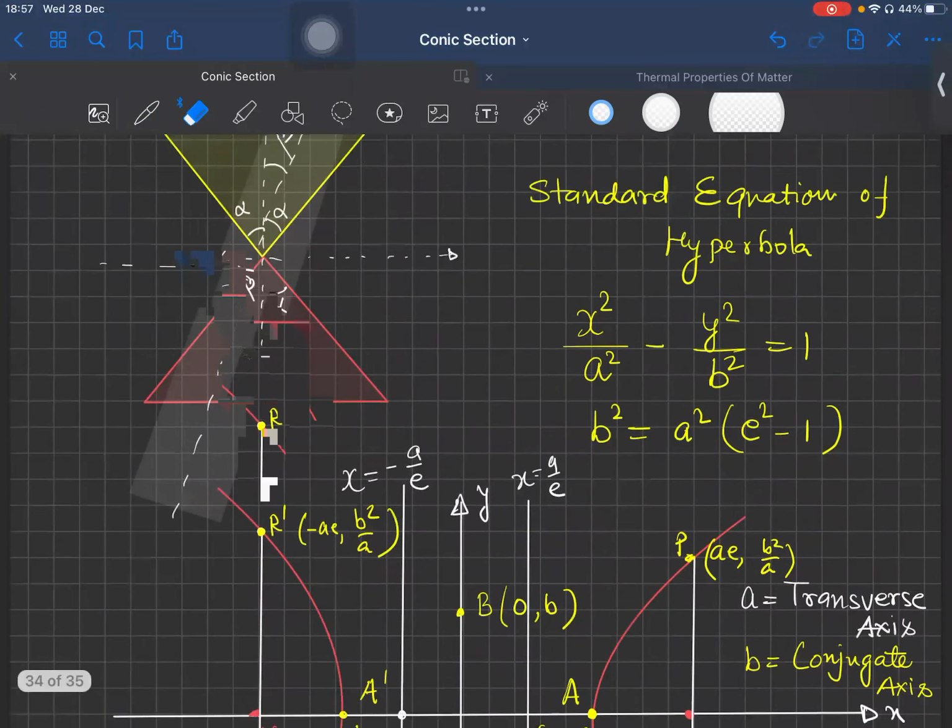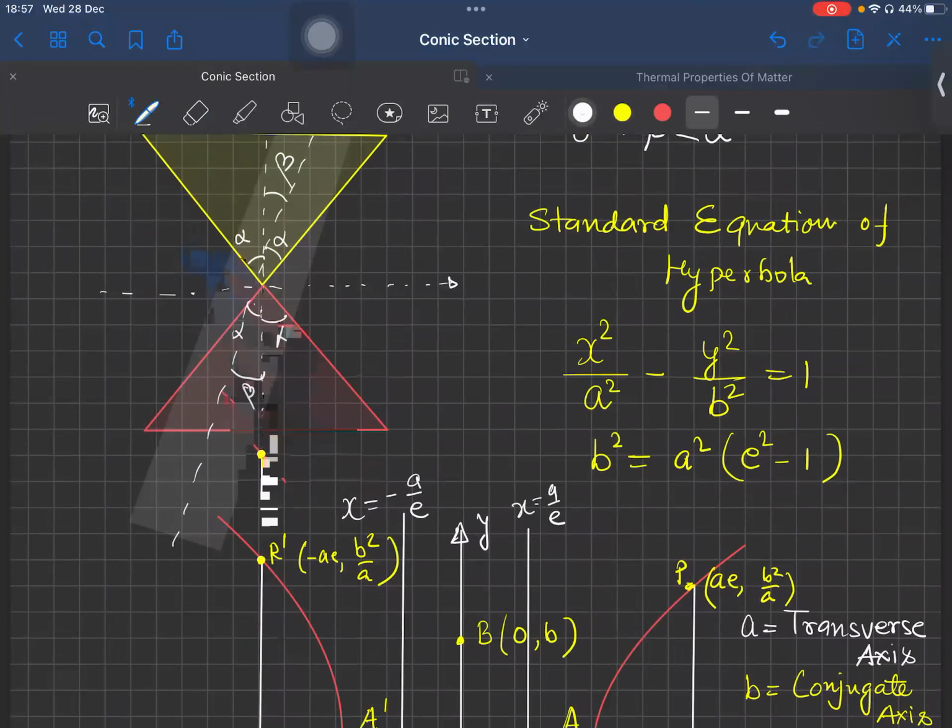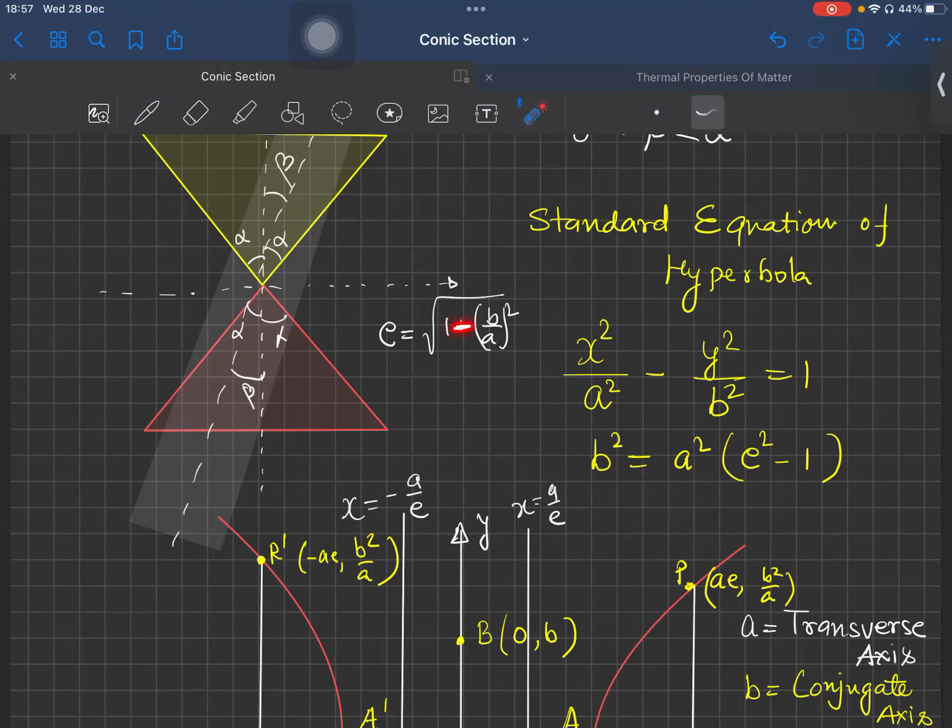Let me write e here somewhere. e is equal to square root of 1 plus (b upon a) whole square. So in case of ellipse, this is minus. In case of hyperbola, this one is plus. That's the only difference.